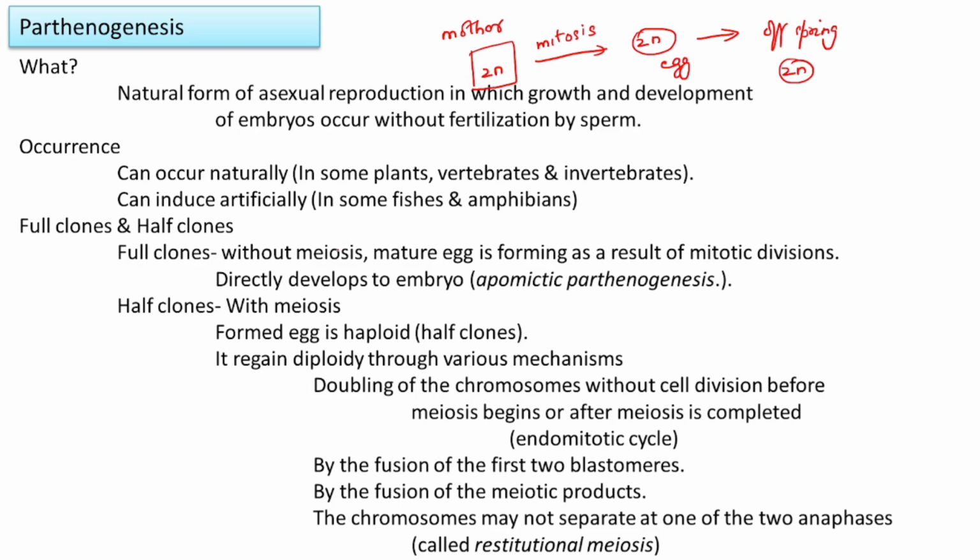Okay, clear? So there the development occurs without meiosis, and that type of parthenogenesis is called apomictic parthenogenesis. Then what about half clones? Half clones means there also we are taking the mother's germ cell.